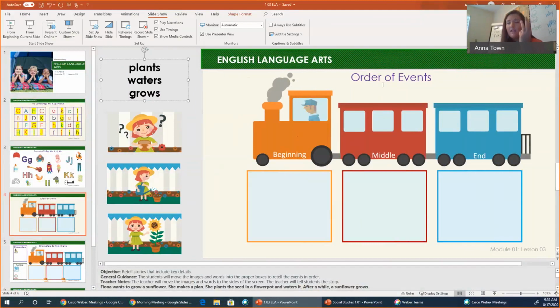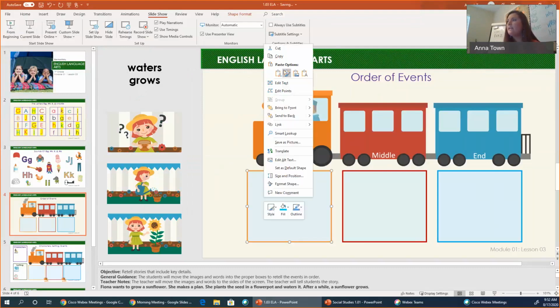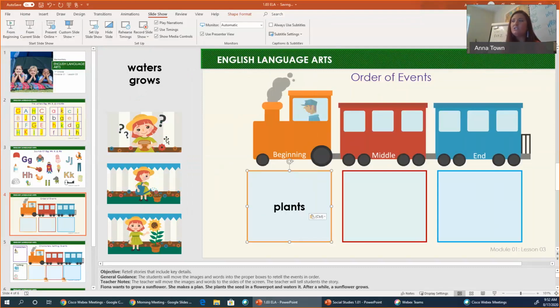First, what is our girl doing? She is planting. So we would put the word plant first for beginning, because the first thing she has to do is plant.